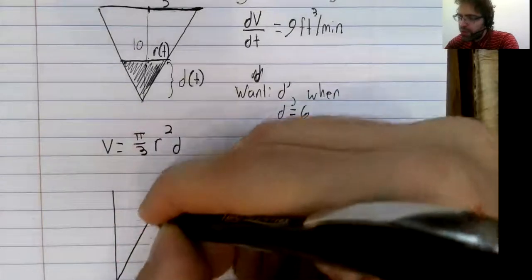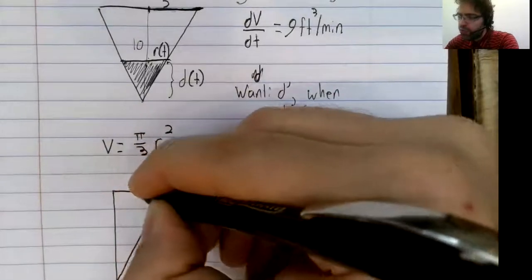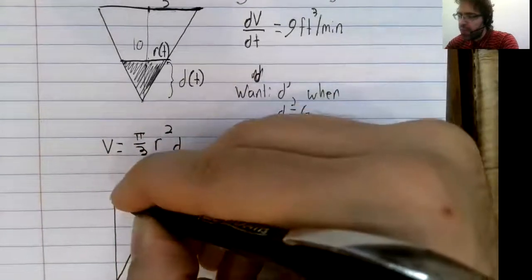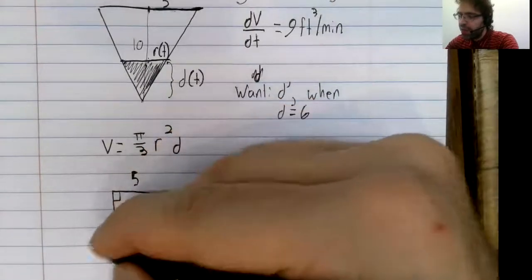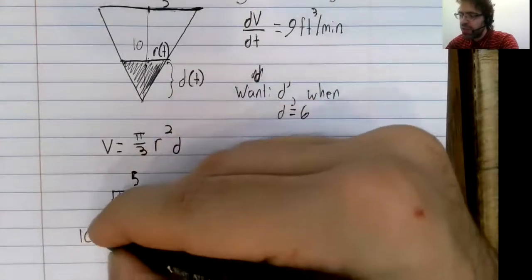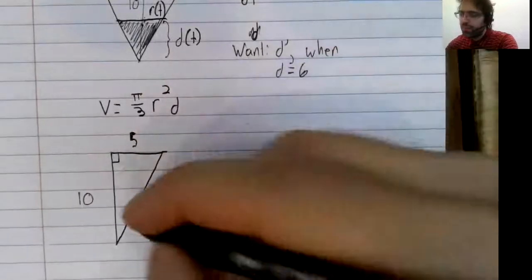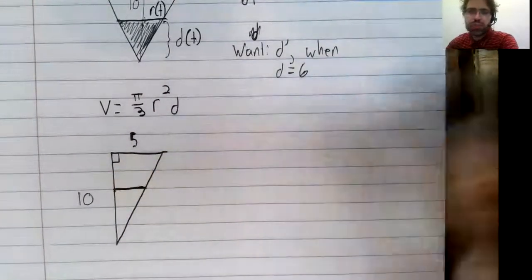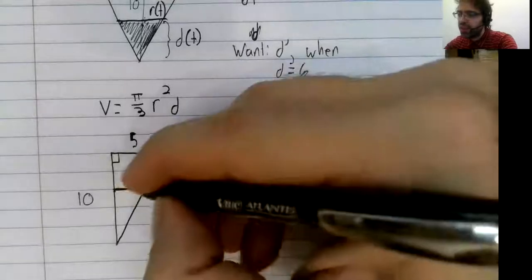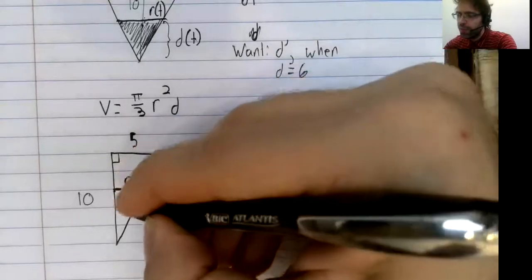So if we've got a right triangle like this, here's 5, here's 10, and then we cut the triangle like so.